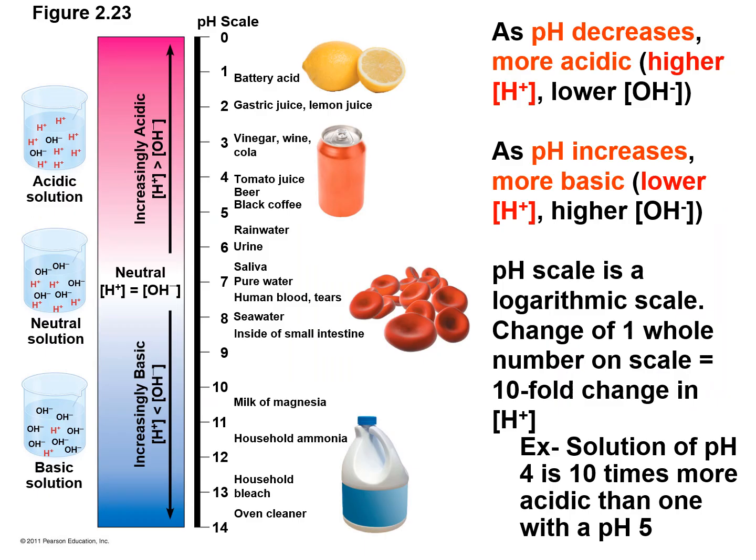So here's our pH scale, going from 0 to 14. A pH of 7 is when we're neutral, and the concentration of hydrogen ions is equal to the concentration of hydroxide ions.